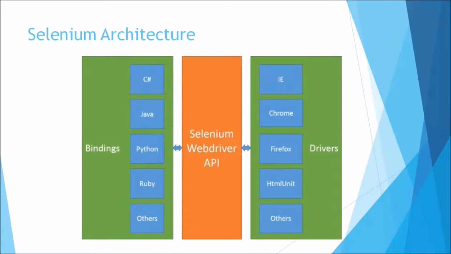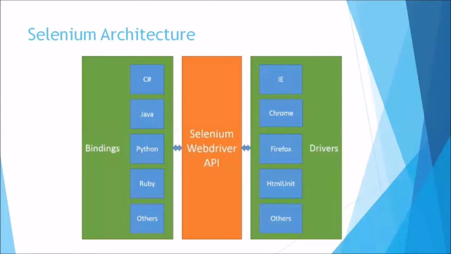So let us understand these one by one. The first one is language level binding. We can use any language for writing the test scripts. These languages actually interact with the Selenium WebDriver. Selenium WebDriver has a common API which interacts with the various bindings of these different languages. So this API is of much use.